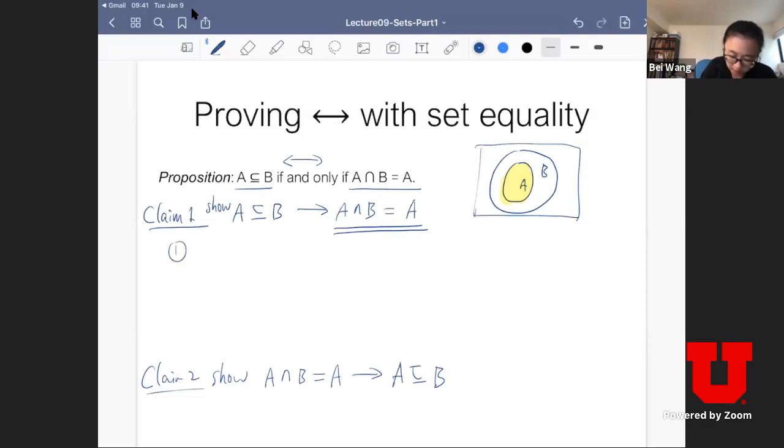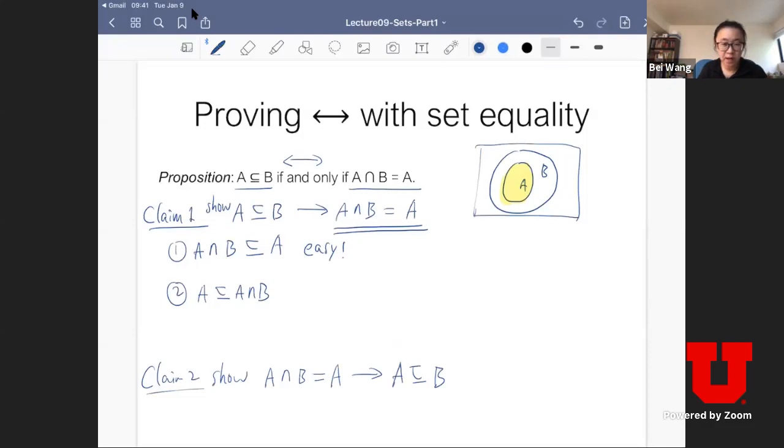Part 1 is A intersect B is a subset of A. Second part is A is a subset of A intersect B. That's where you get equality between these two sets. Okay? The first part is fairly easy. It says if I take a set A, take the intersection with another set, which shrinks the current set, it's a subset of A. Okay? So this is easy.